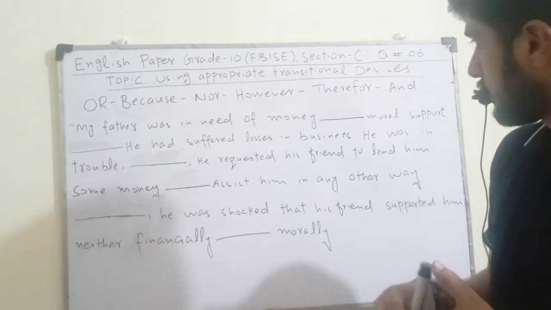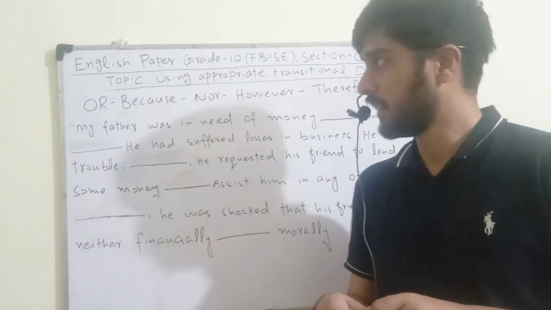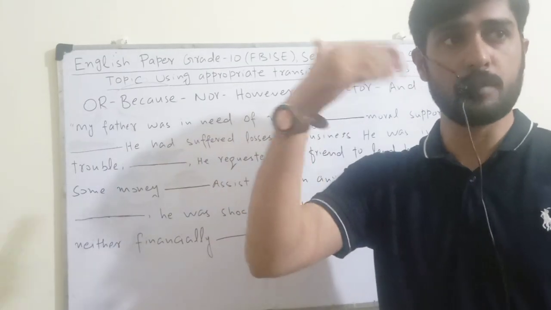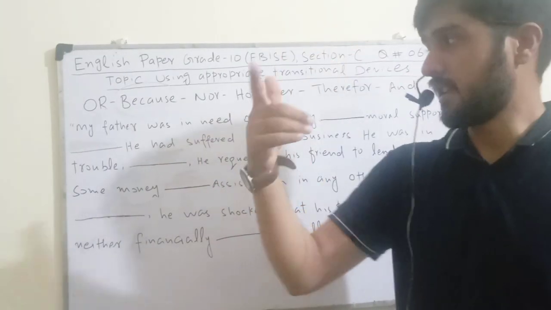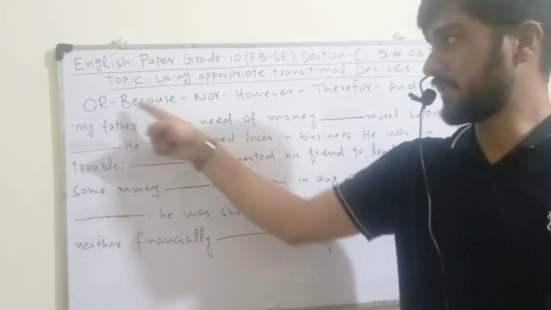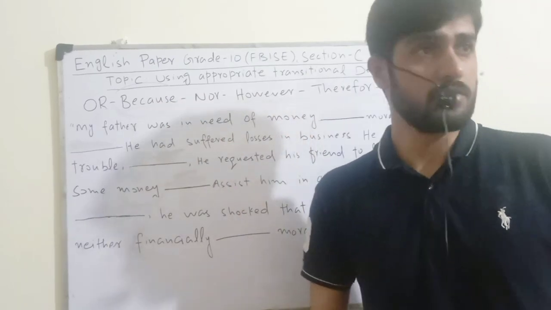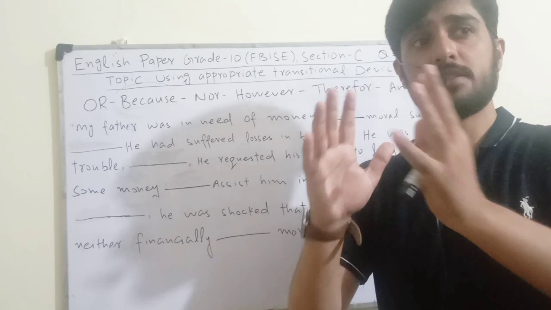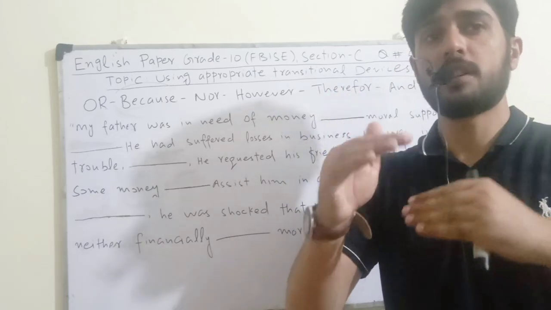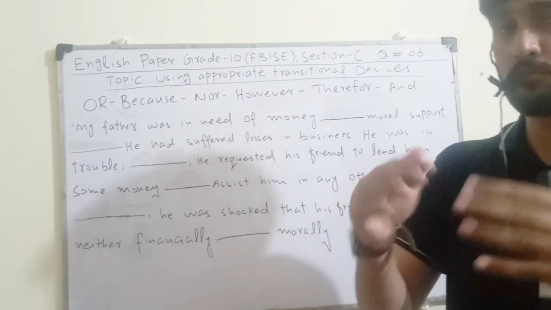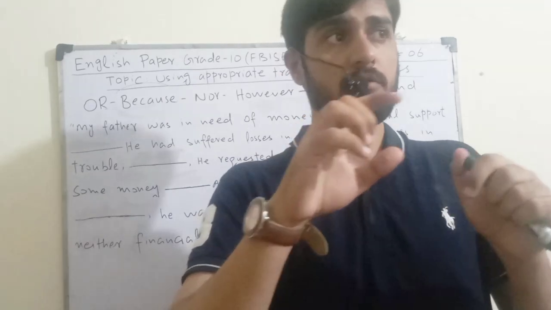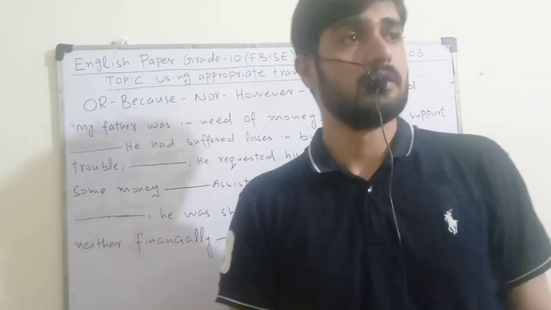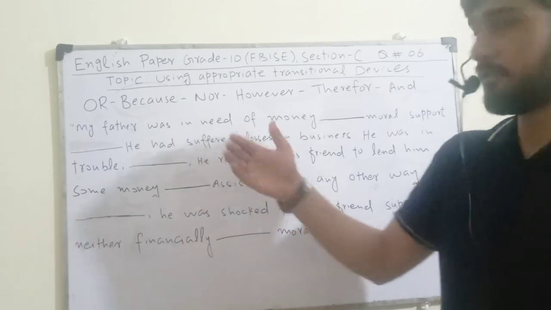So here we are going to start, using the same transitional devices given in the paper. Today we will learn the use and sense of these transitional devices, and the order. The main point is the order in which we have to use the appropriate transitional device in the given fields. So let me start.